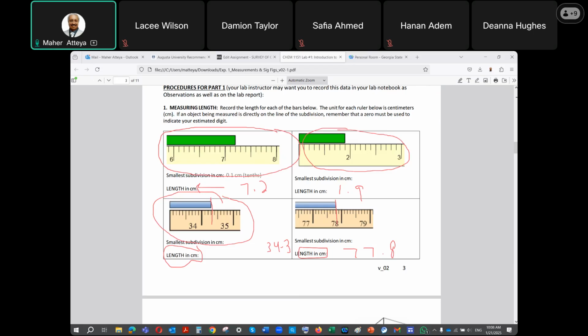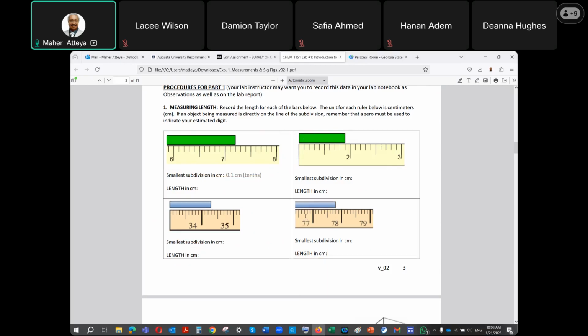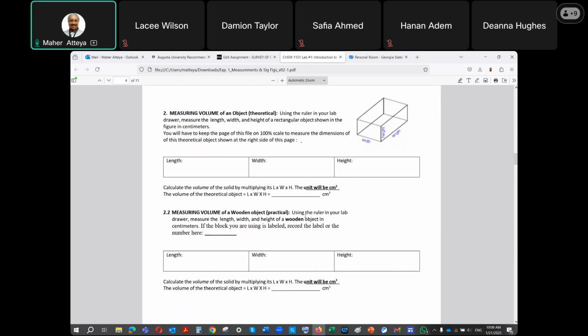Then you'll come here. We are not done yet. I have a theoretical virtual object which has length, height, and depth.